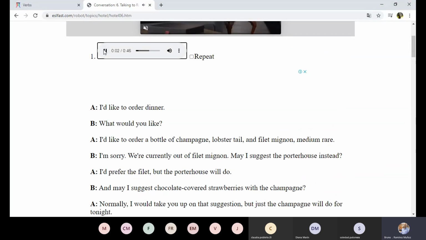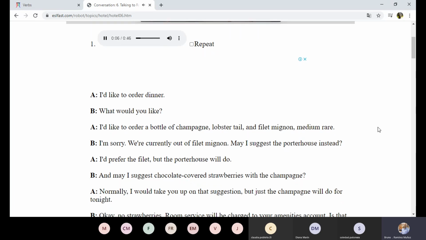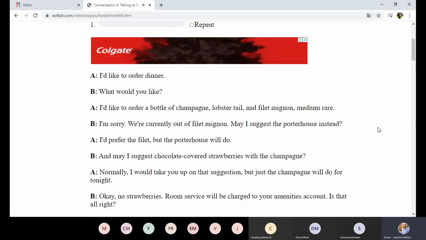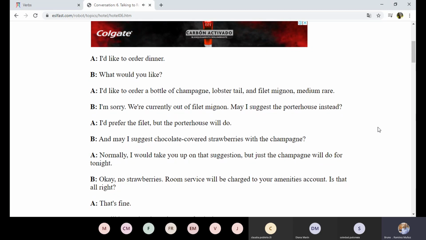I'd like to order dinner. What would you like? I'd like to order a bottle of champagne, lobster tail, and filet mignon, medium rare. I'm sorry. We're currently out of filet mignon. May I suggest the porterhouse instead? I'd prefer the filet, but the porterhouse will do.